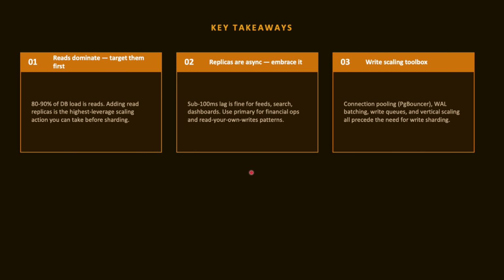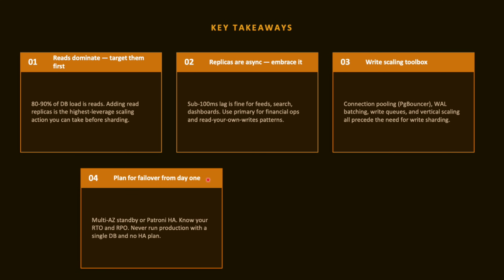Number 3, before sharding writes, exhaust your write scaling options. Connection pooling can improve your connection capacity 10 times, right? And write queues decouple write throughput from DB capacity. Vertical scaling often surprises you with how much it helps. Number 4, plan for failure from day 1. Running a production database without an HA plan is a disaster waiting to happen, right?